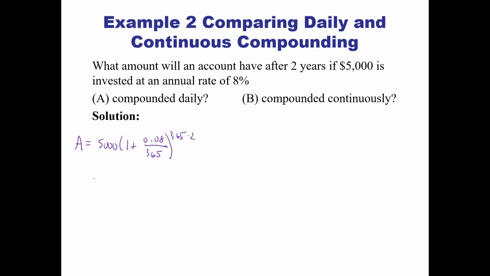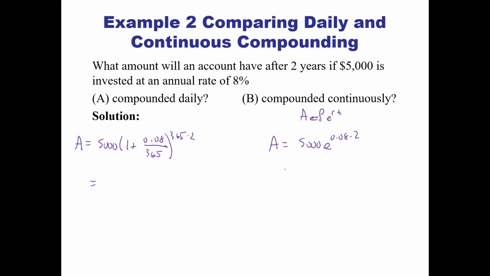Now if we type that into our calculator, that will give us compounded daily. If we instead wanted compounded continuously, A equals P e to the rt, so P is 5,000, e to the 0.08 times 2.